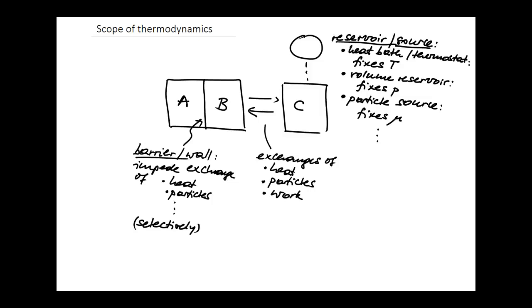They may impede the exchange of particles, N, or the exchange of energy, either in the form of heat or in the form of work. For example, if this is a rigid barrier that cannot move in space, it fixes the volume and it impedes the exchange of work.